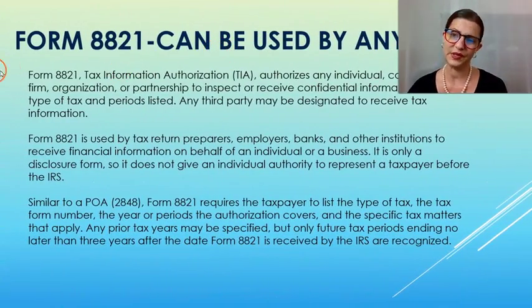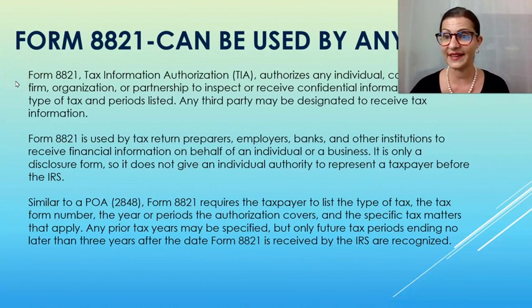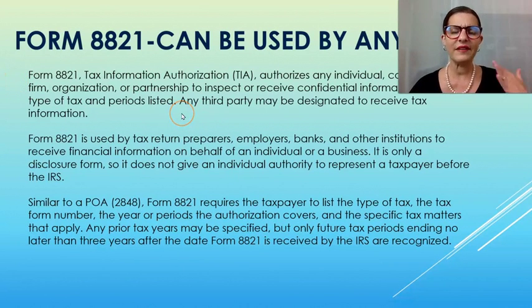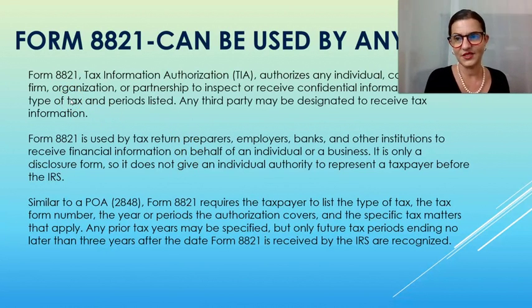All right? It can also be used by things like banks or employers. It's very common for a bank to request an 8821 on behalf of a customer who is applying for something like a mortgage or a business loan. They want to make sure that the taxpayer is not lying about how much money they make.